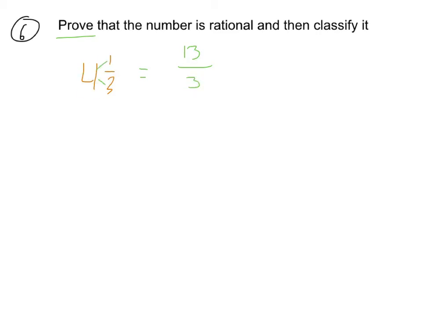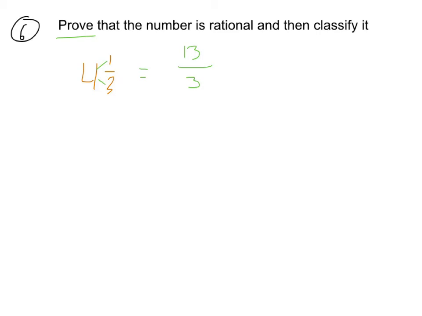So now let's see, what kind of rational number is it? We have lots of kinds of rational numbers. So let's see, 13 divided by 3. In order to classify it, I know it's positive, so that helps a little bit, but does it have a decimal?